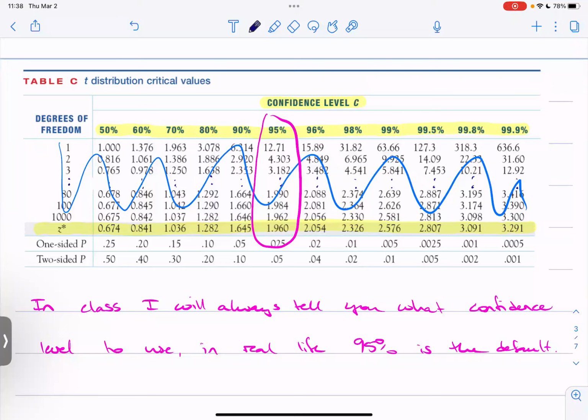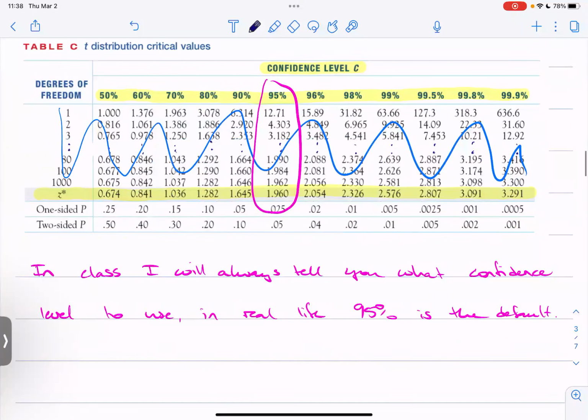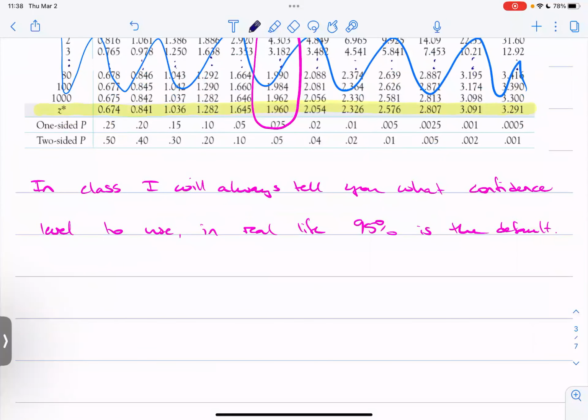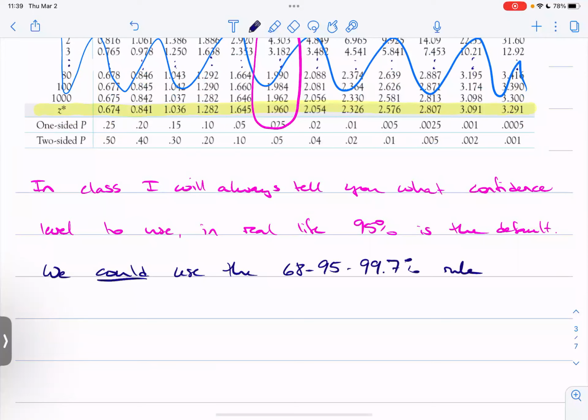What was I gonna say? Oh yeah. If I want to move out and capture the central 95% of the curve, one thing we could use is the empirical rule, the 68, 95, 99.7% rule.